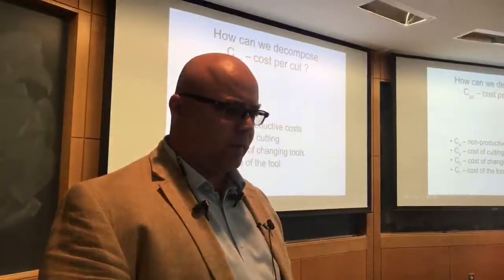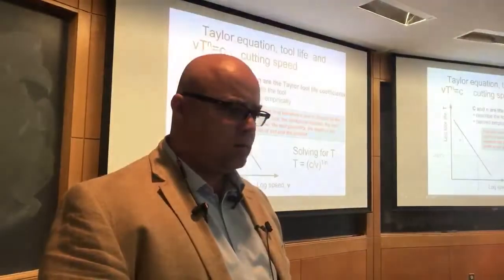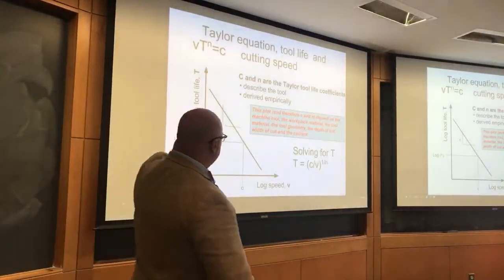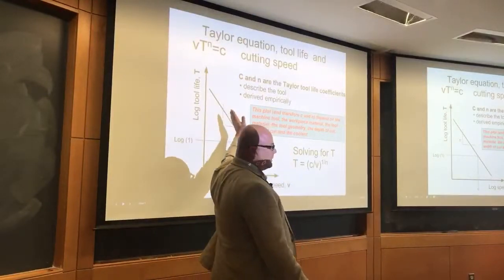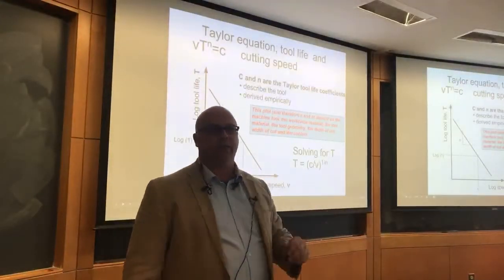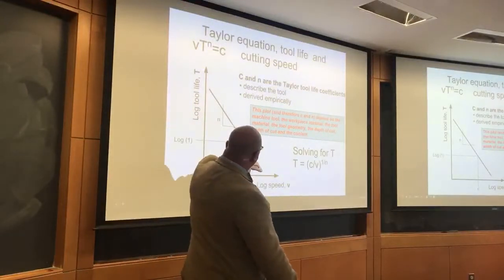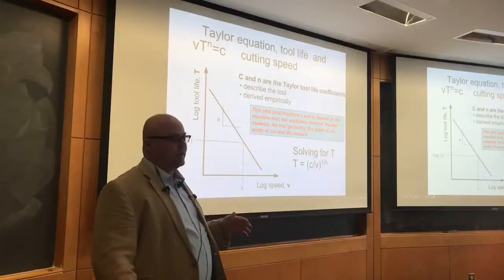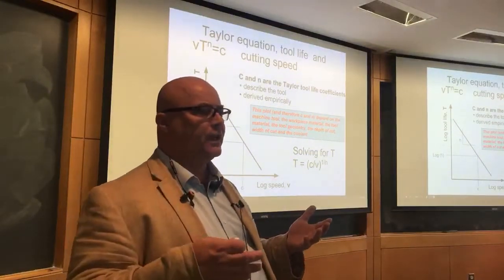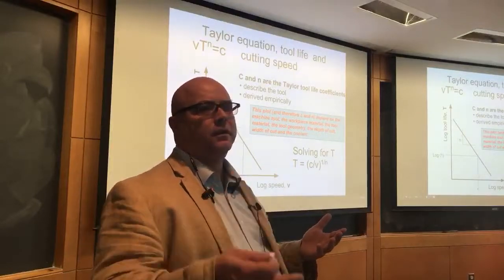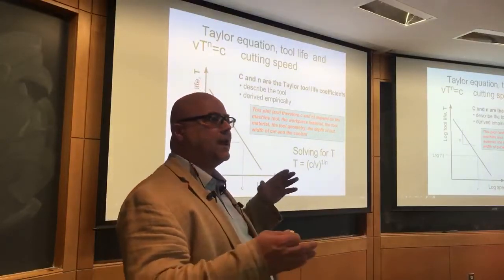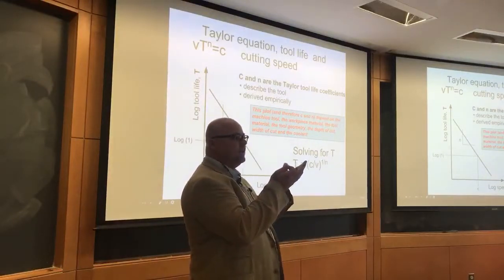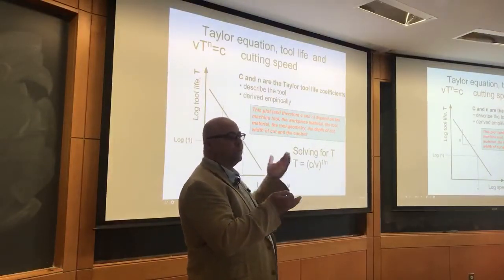One of the things we note when we look at tool wear is that if you take the tool life and the speed and plot them on a log axis, you almost always get a straight line like this. When you get this kind of relationship in science, it usually means there's a thermal thing going on: as you generate more heat, the wear goes up and the tool life goes down.